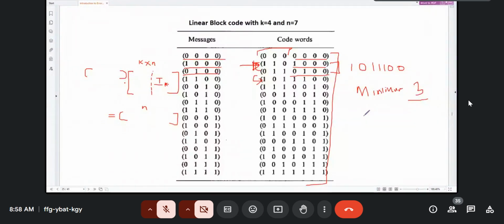And therefore, this code can detect 2 errors, but we are going to see it cannot correct 2 errors, it can only correct 1. What we mean is it can detect 2 bit errors. It means if 2 bits change, it can detect.